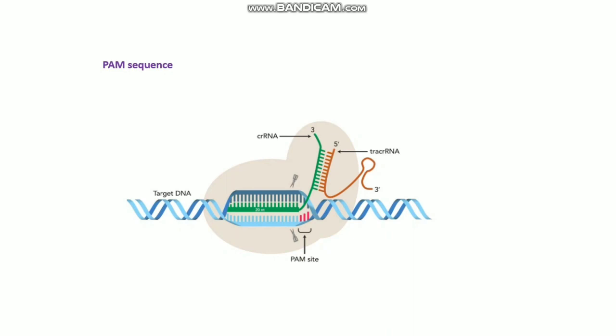The short sequence that follows the DNA region targeted for cleavage by the CRISPR system is known as the PAM site. This red sequence here is known as the PAM site.